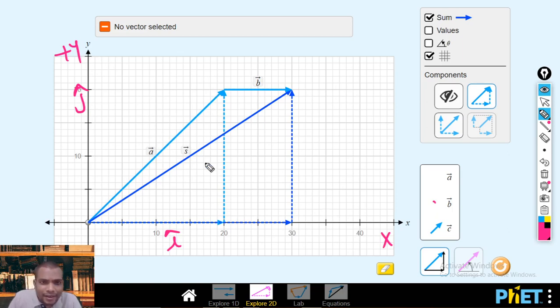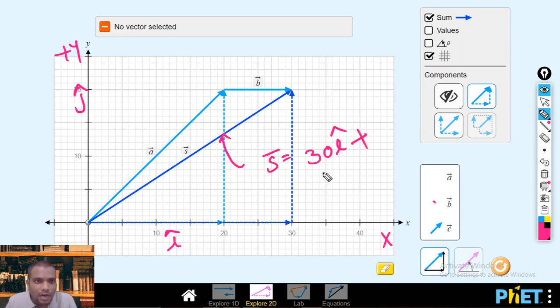Now how can I represent this resultant vector in equation form? On the x-axis it is showing up to 30. So the resolution S bar equal to 30 i cap, where i cap is the unit vector along the x-axis.